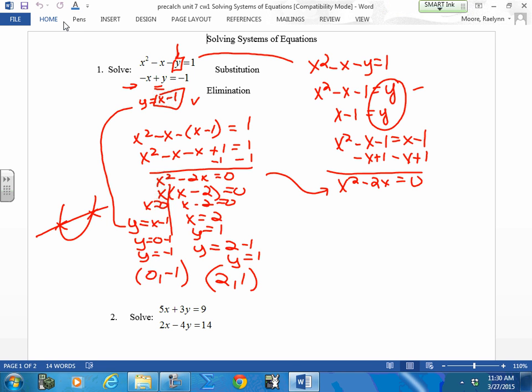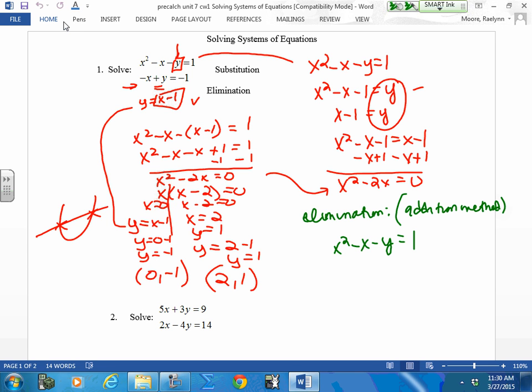There's also elimination. Elimination, if you remember, you might have called it the addition method. In the addition method, if we can find a way to add these 2 equations down to eliminate a variable, it'll work for us.